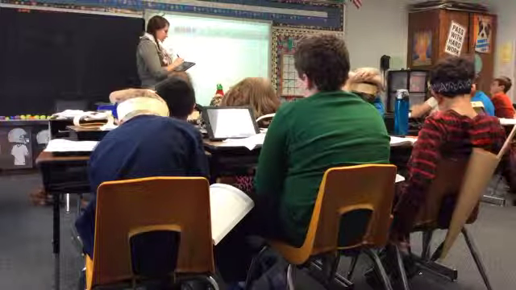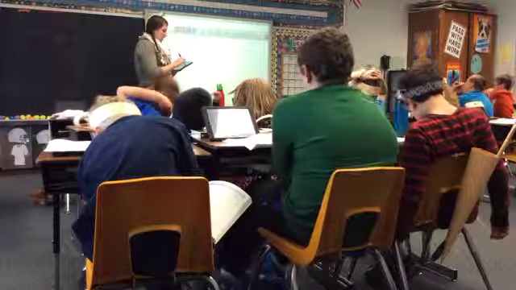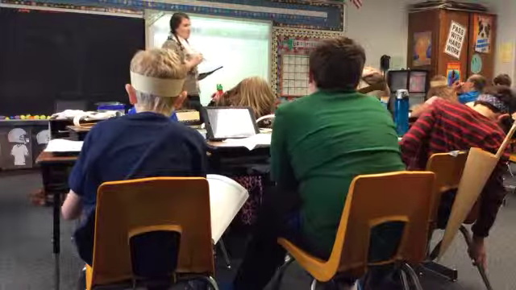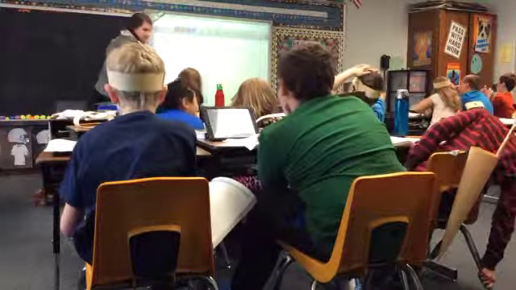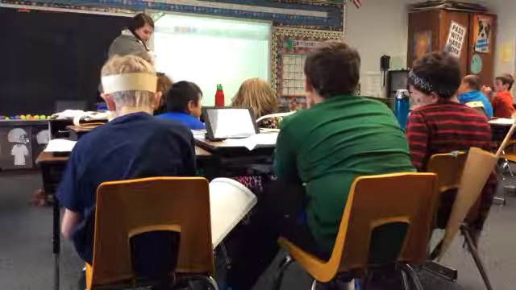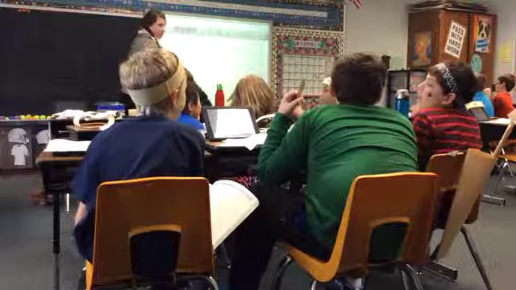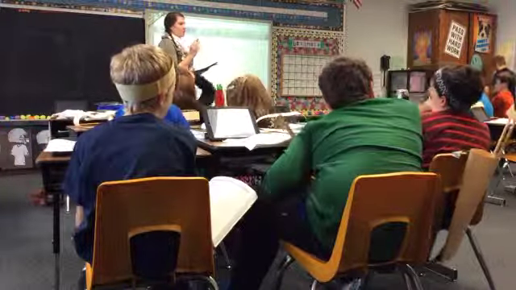So let's give a base of 21 and a height of 6. So would that be a 10-second whisper with your groups? All right, whisper to me the answer for the volume of this rectangular prism.